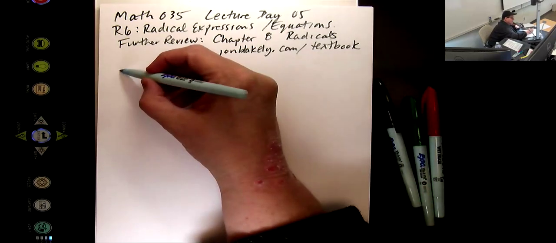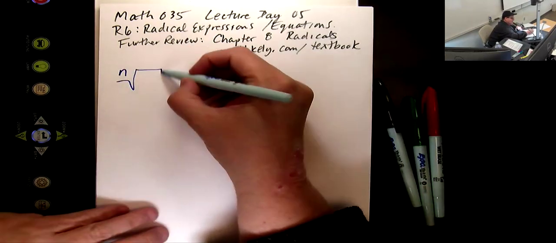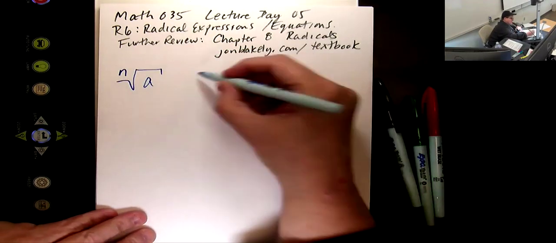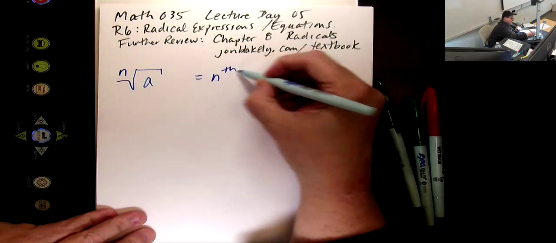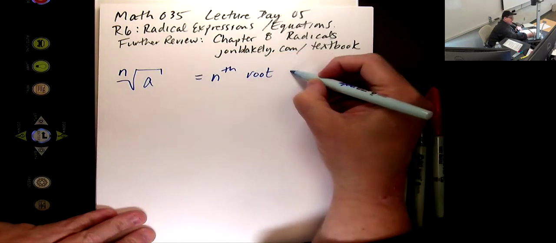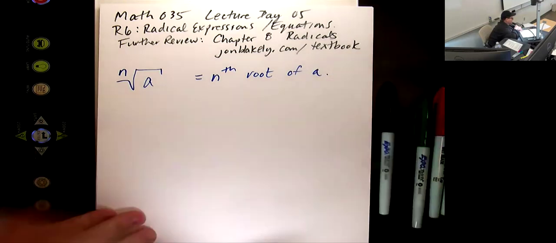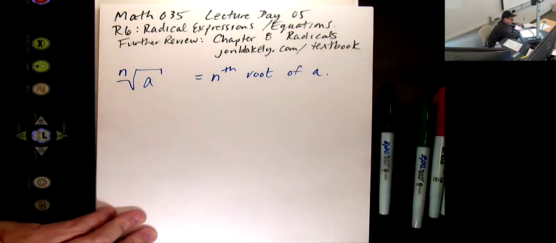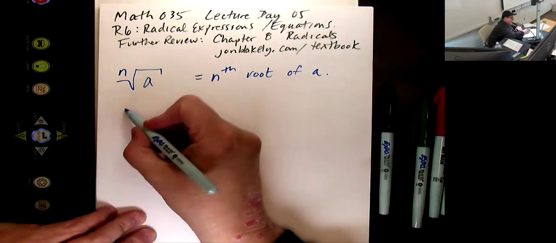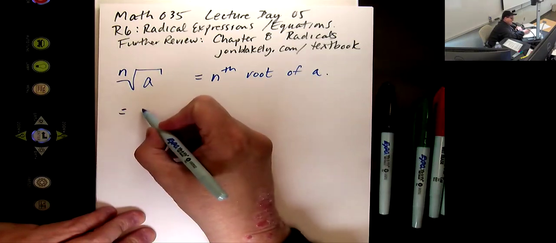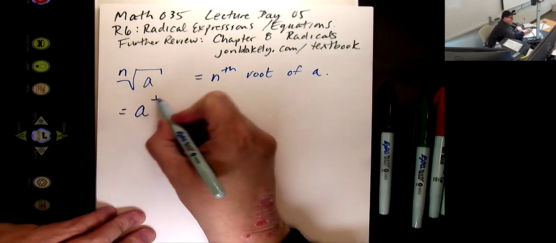So this is the nth root of A. Equivalently, this can be written as A to the 1 over n.